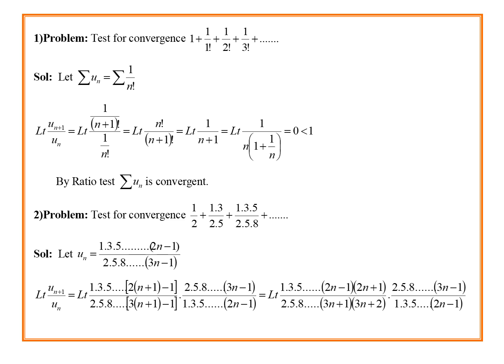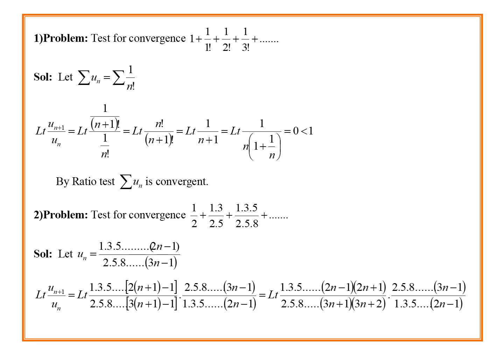Solution. Let sigma un be the series. The above problem can be written as sigma 1 by n factorial. So immediately we should calculate the limit of u of n plus 1 by un. What is u of n plus 1? 1 by n plus 1 factorial, by 1 by n factorial.